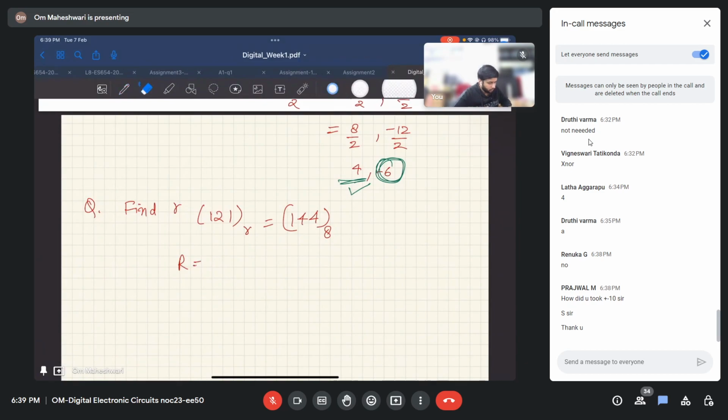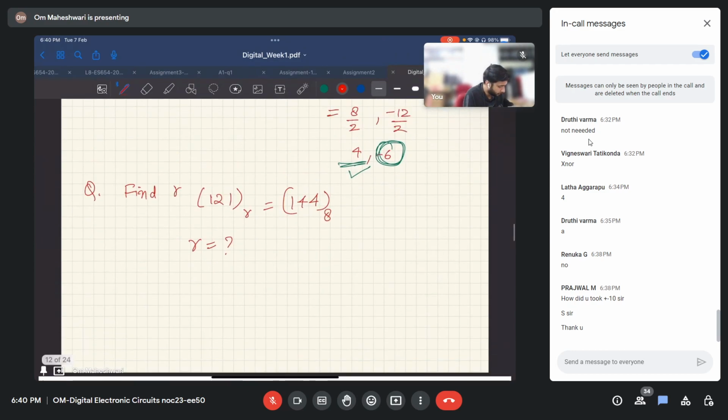Please tell me the value of R. Need to follow the similar way.